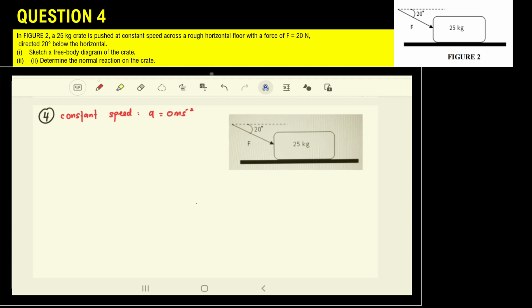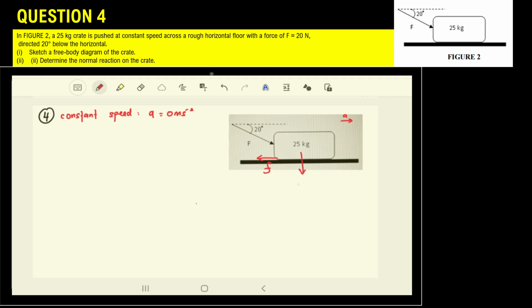Follow the logic. Okay, so the direction of motion should be in this direction. And the frictional force: since the surface is rough, there is a frictional force in the opposite direction to the motion. Alright, now let's sketch the other forces involved.